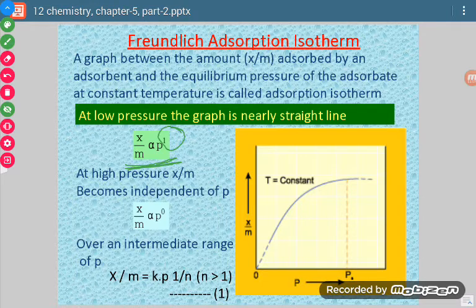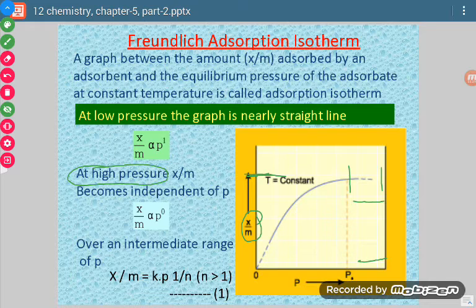Now at high pressure, again there is a straight line, but this straight line is parallel to the x-axis. Parallel to the x-axis means the value on the y-axis does not change. It means x by m remains constant.